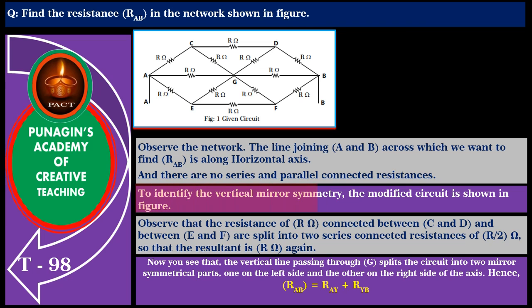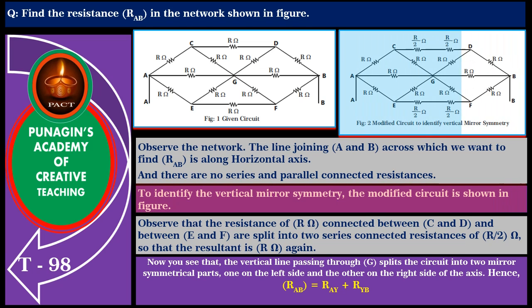To identify the vertical mirror symmetry, the modified circuit is shown in figure. Observe that the resistance of R ohm connected between C and D and between E and F are split into two series connected resistances of R by 2 ohm each, so that the resultant is R ohm each again.